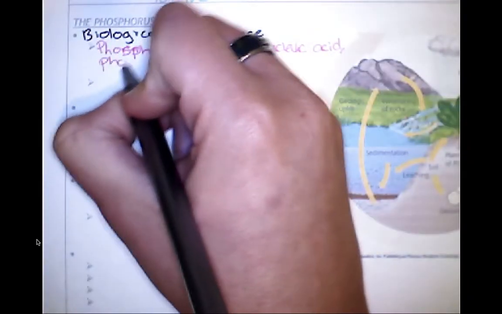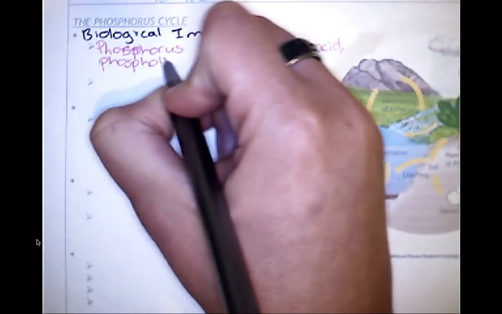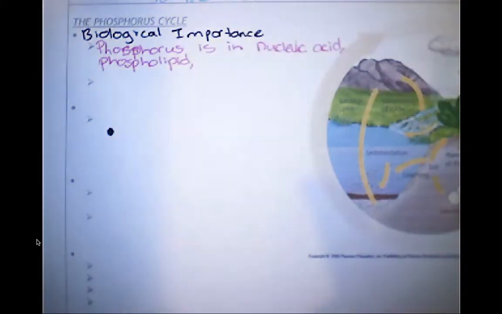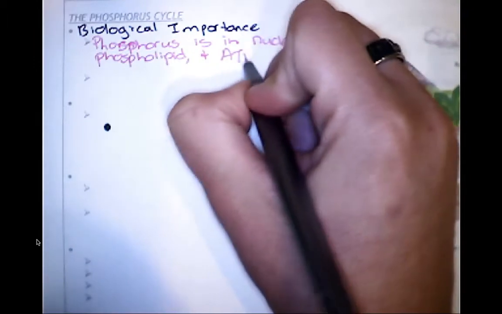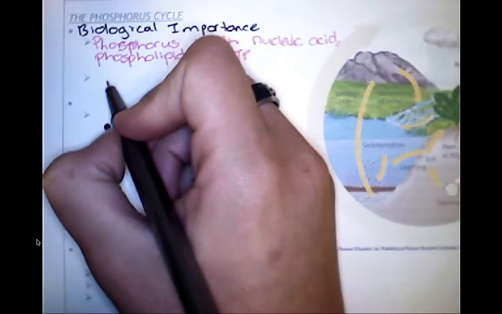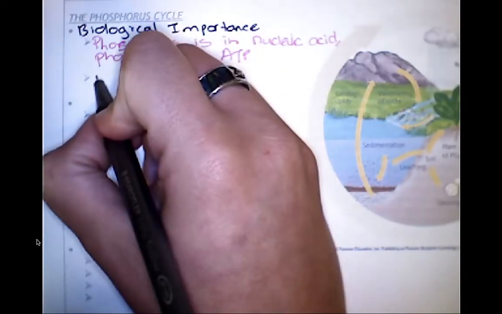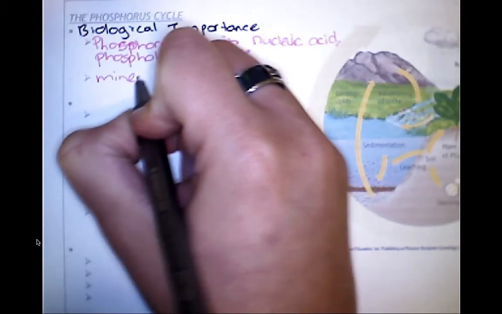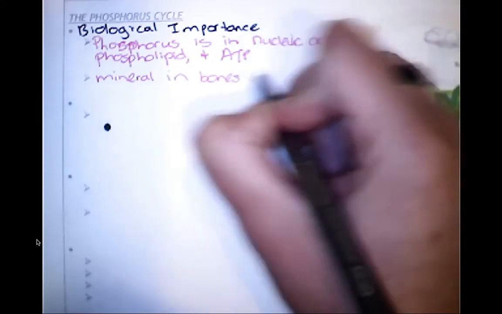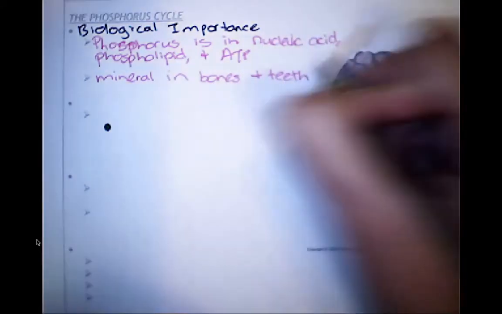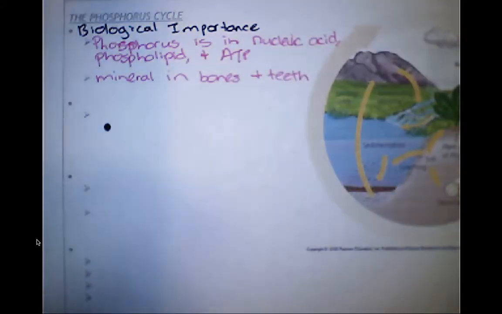It's in your phospholipid bilayer, so it's in every cell, every living thing's cell. And ATP, okay? Sort of key things in your life. So that's why you need it in there. It's also a mineral in your bones and teeth. Also probably pretty important, okay? So those are probably pretty important biological things for life.